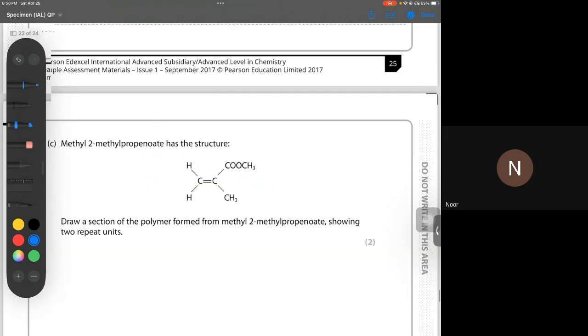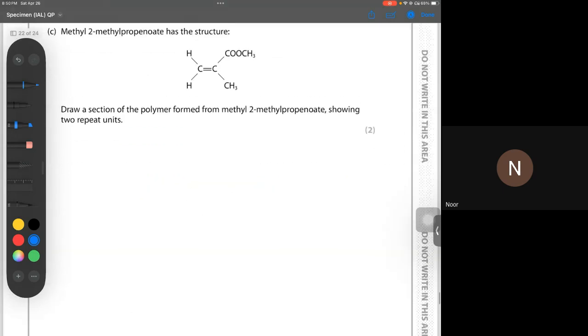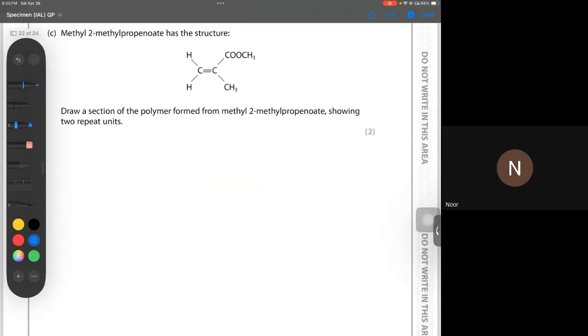Draw a section of the polymer. It's a very easy question. For a section of polymer, you are supposed to convert the double bond into the single bond, showing two repeat units. One, then two repeat units. H, H, CH3, then CH3, H, H, CH3, then this is CH3.